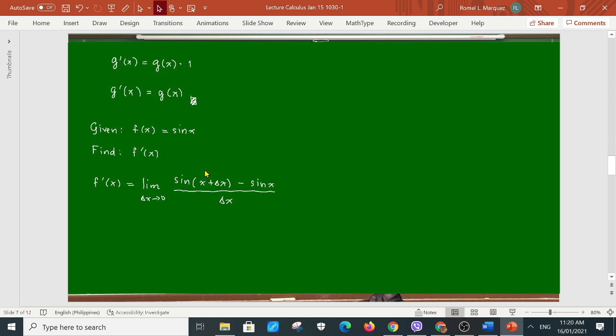This is an indeterminate form, 0 over 0, so let us manipulate this sine of a sum. I can write that as sine of the first, cosine of the second, plus cosine of the first, sine of the second, then minus sine x. This part, I copy.